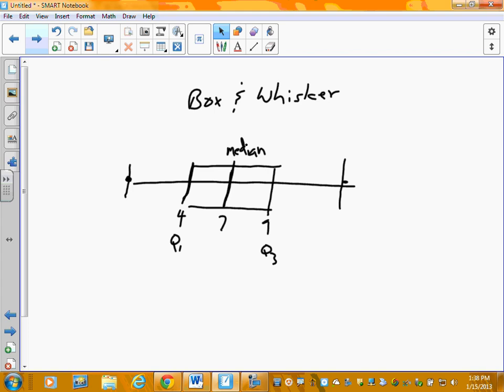Turns out that 6, 5, 6, 7, 8, 9, right around the median, is where most of the data points are, between 4 and 9. In the set of data that we chose, most of the stuff is around the median. Kind of interesting. It shows it just out of the blue on a box and whisker.